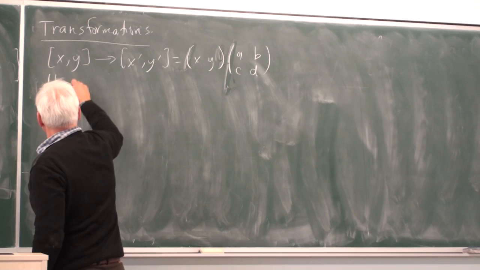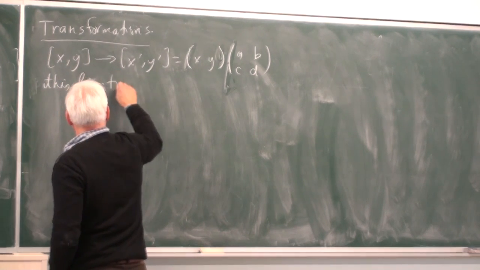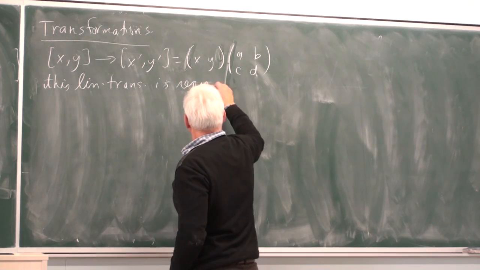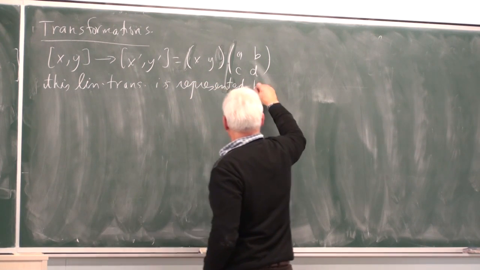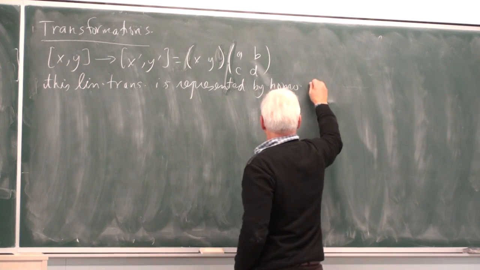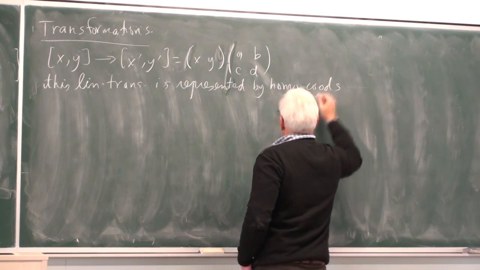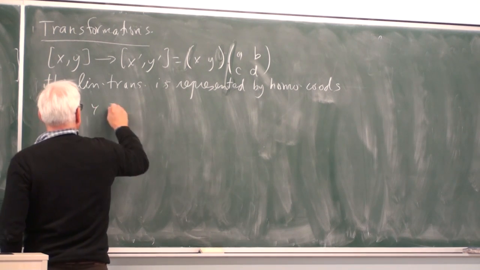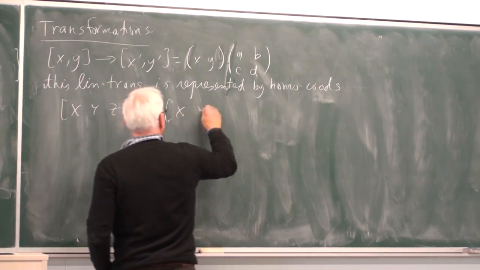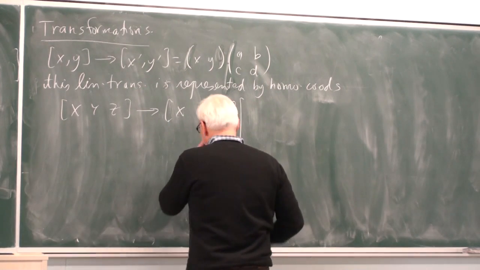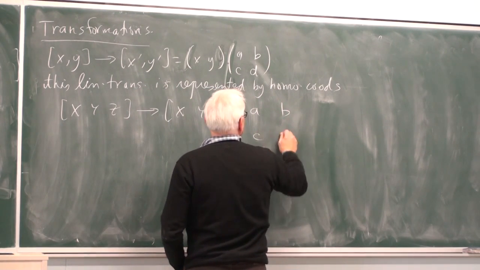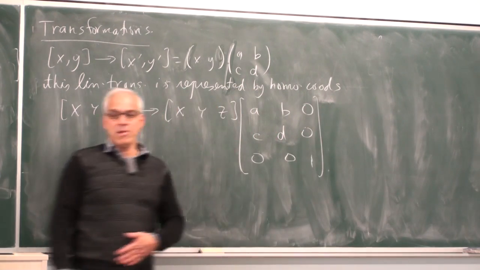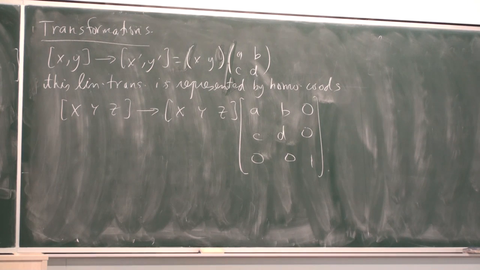So this linear transformation is represented by homogeneous coordinates by thinking of x, y, z going to x, y, z times the 3 by 3 matrix A, B, C, D with a 1 in the bottom.